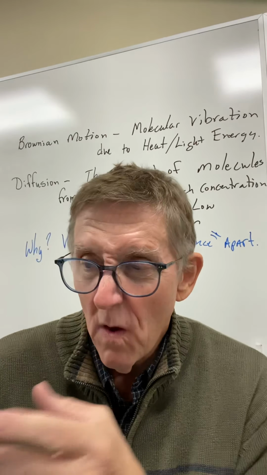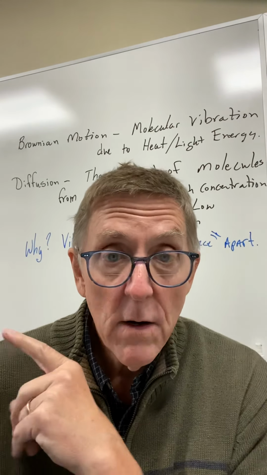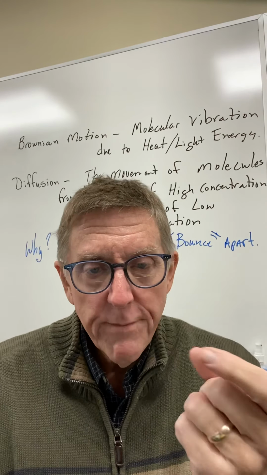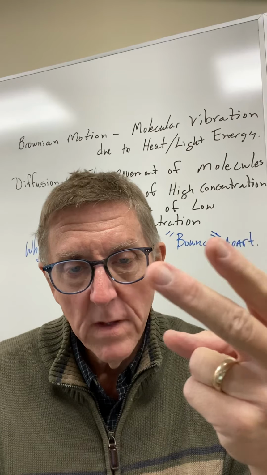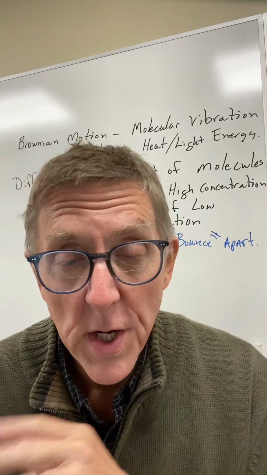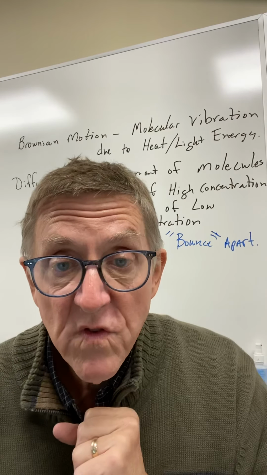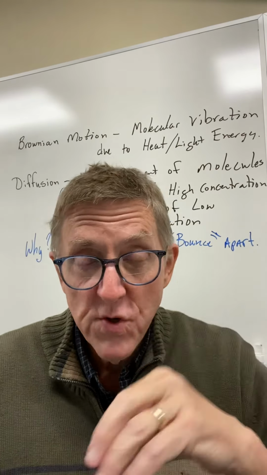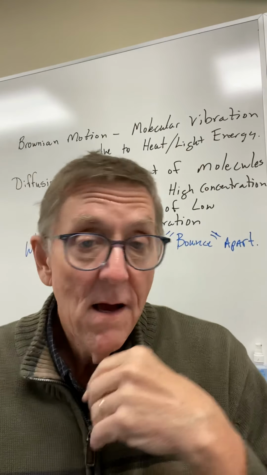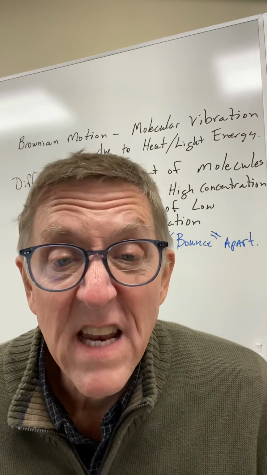But there is no energy from the cell to make it happen. And so we have four different things: simple diffusion, facilitated diffusion, osmosis, and filtration. We're talking about the first two right now. Simple diffusion, we've already talked about it. Facilitated diffusion, we've started talking about it.